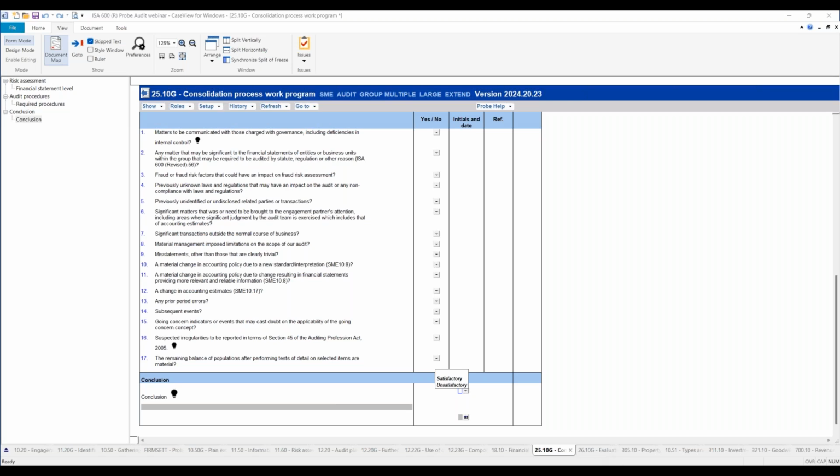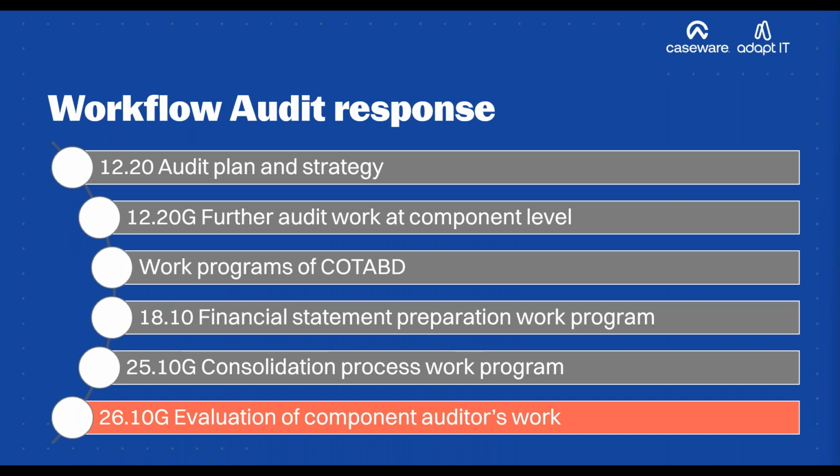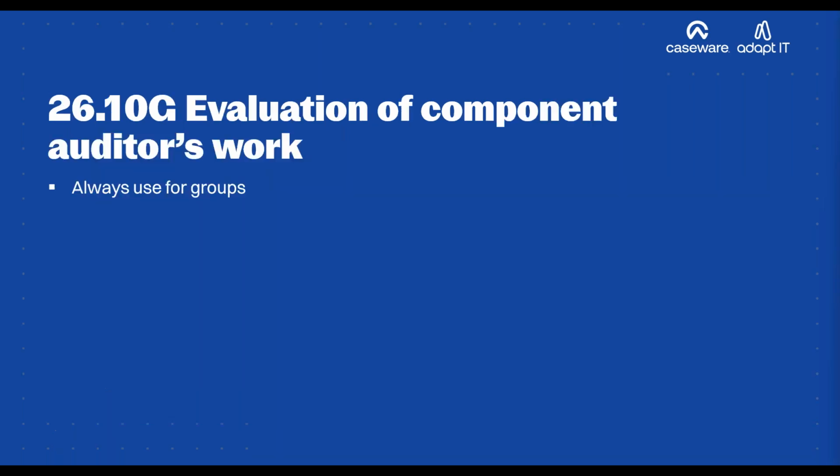The next one is then your evaluation of the component auditor's work. So you will be prompted for specific considerations in the specific classes of transactions, account balances and disclosures, but you also have this overall evaluation work program for the work performed. And you always have to use this for groups, right?